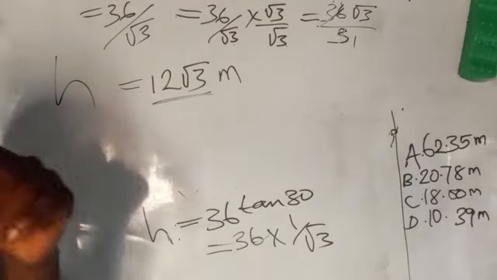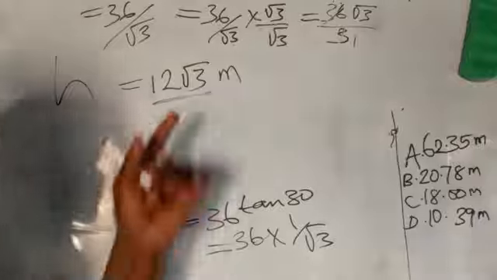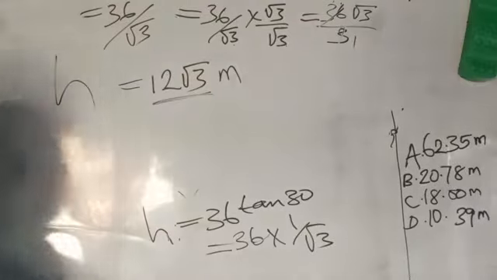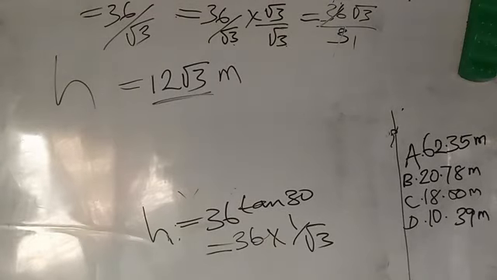Then you can convert this further to get your answer. If you press root 3, what will it give you? 20.78. So if you press root 3, it is going to give you 1.732. So what you need to do here is just to put 1.73, since your options are given in 2 decimal places. Is that clear, guys?